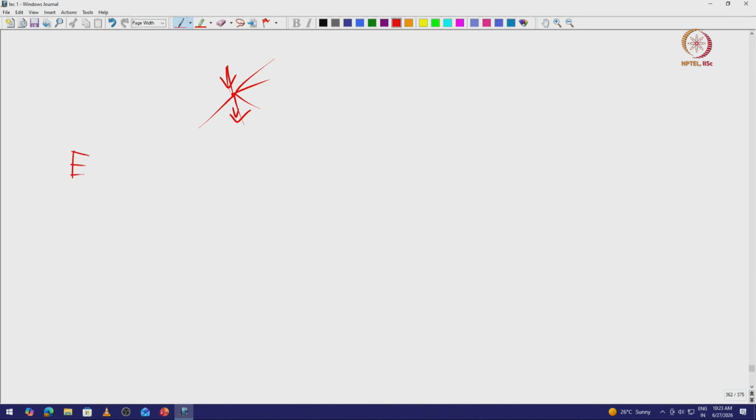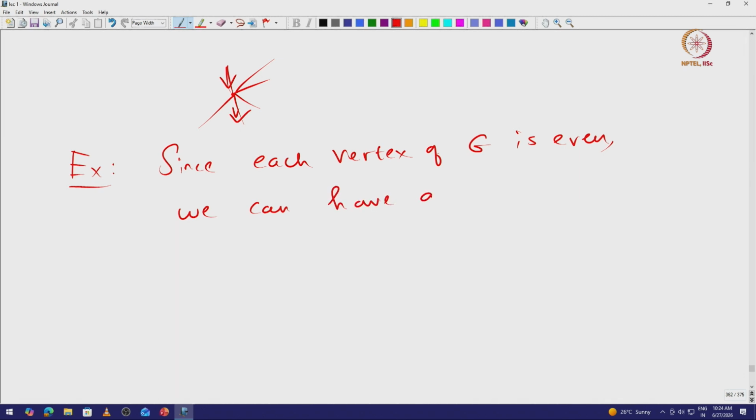So, maybe this is a somewhat trivial observation. So, I will leave it as an exercise. Prove that G has a closed trail. Since each vertex of G has even degree, we can have a closed trail in G. Okay.